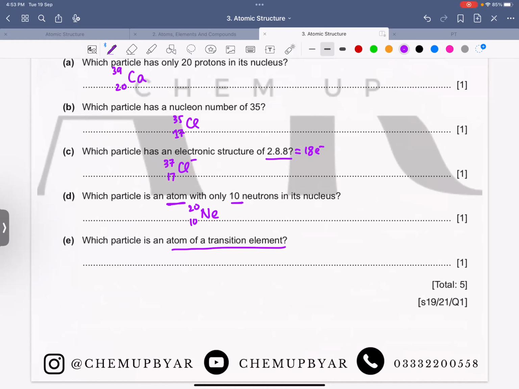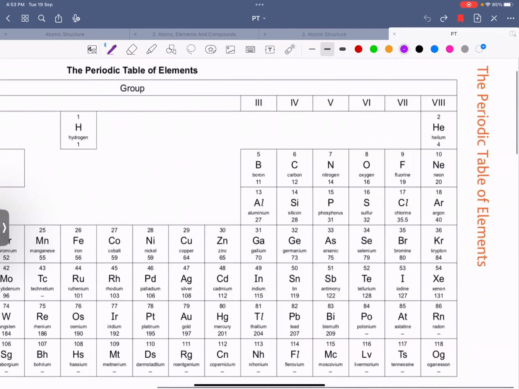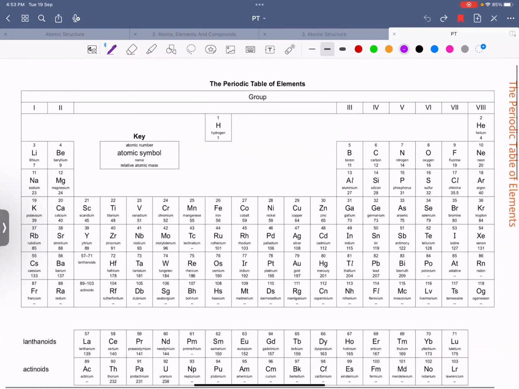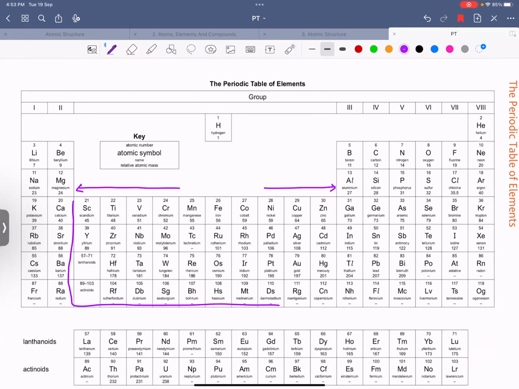Which particle is an atom of a transition element? How will we do this? Can any one of you tell what are transition elements? Yes, Manahal. Yes, Khatija. Basically, if you see the periodic table, you will find there are group numbers on the top. But if you see this region, there is no group number. So the elements present in this region between group 2 and group 3 are considered transition elements.